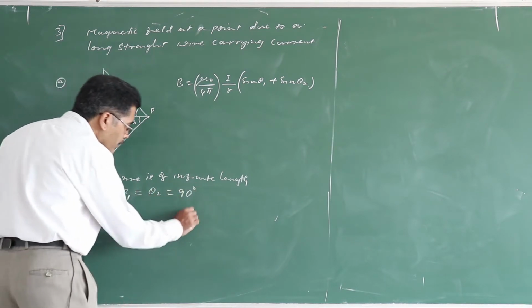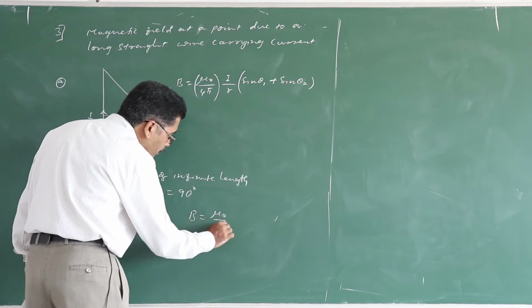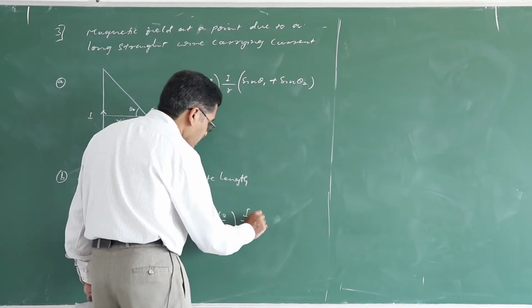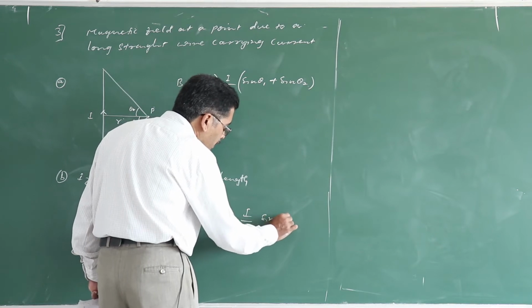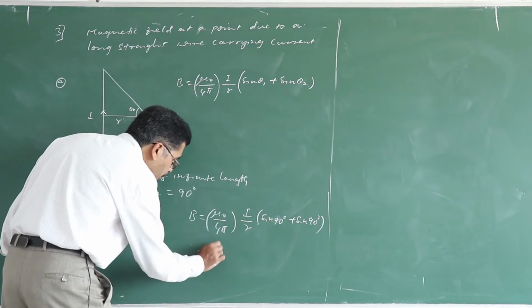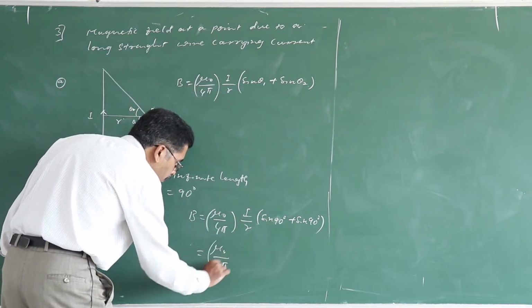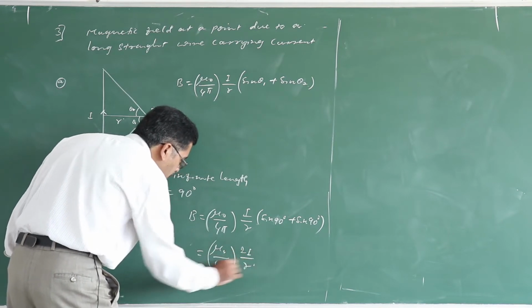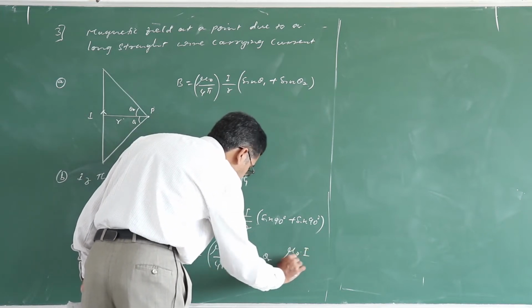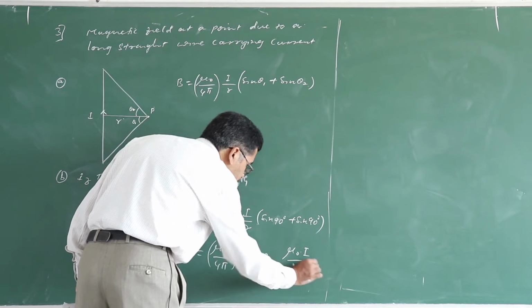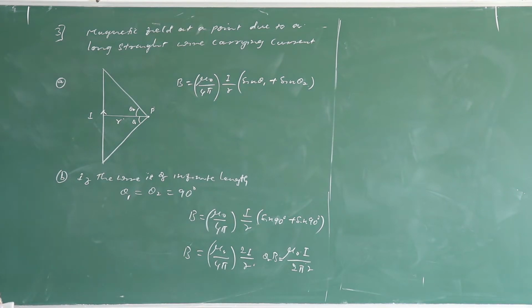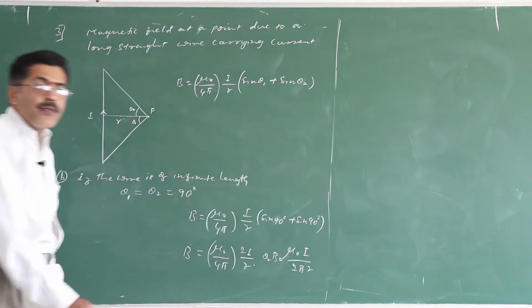Therefore B becomes equal to mu naught by 4 pi, I by r, into sin 90 plus sin 90. Sin 90 is 1, so you will get mu naught by 4 pi, 2I by r, which you can write as mu naught I divided by 2 pi r.